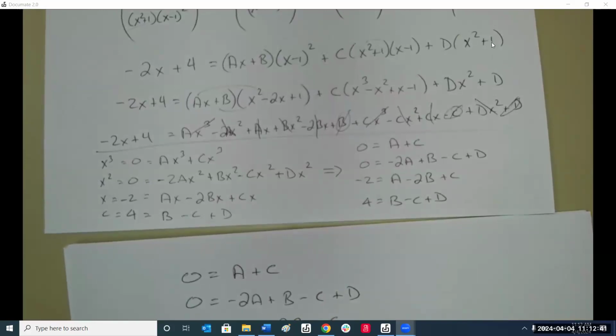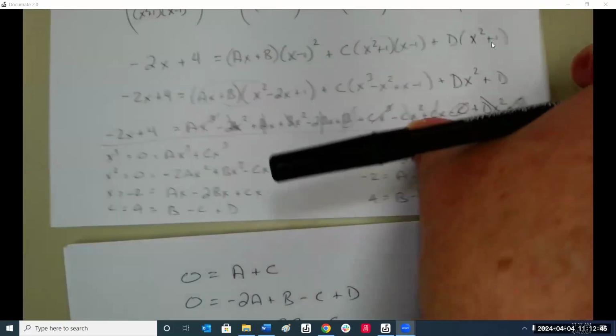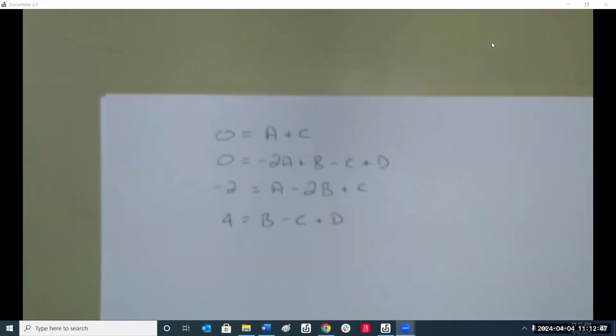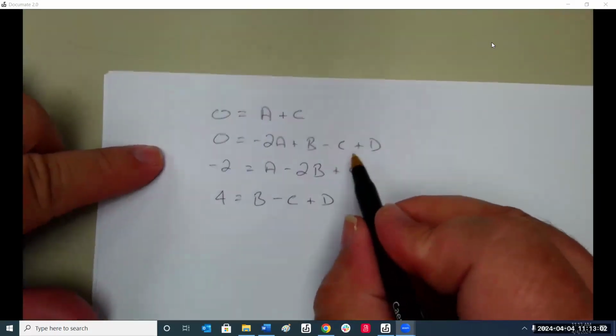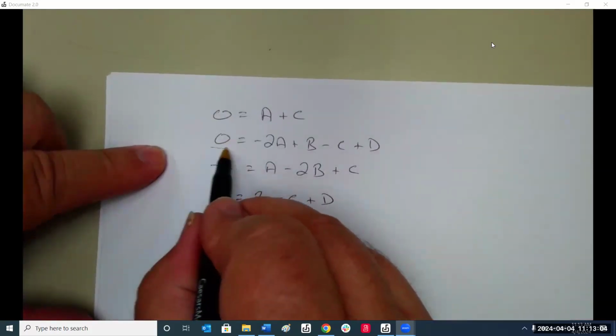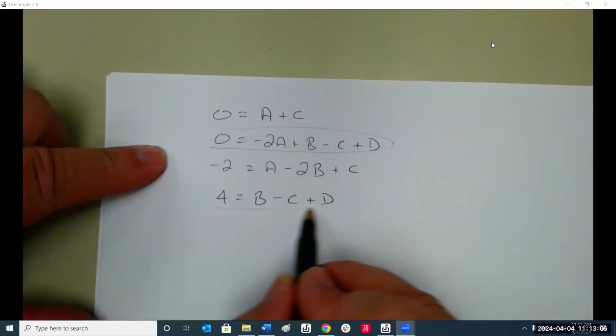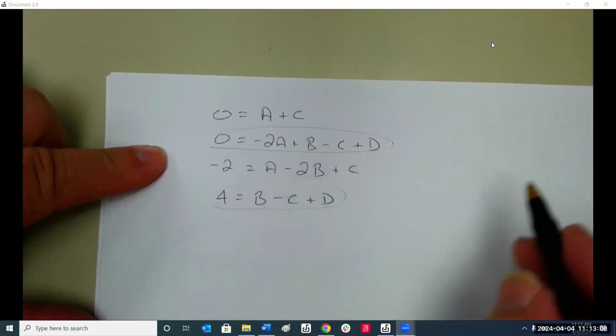So the first thing I gotta start and get these. All right, so if we take this equation and this equation, because you're going to get b minus c equals d.